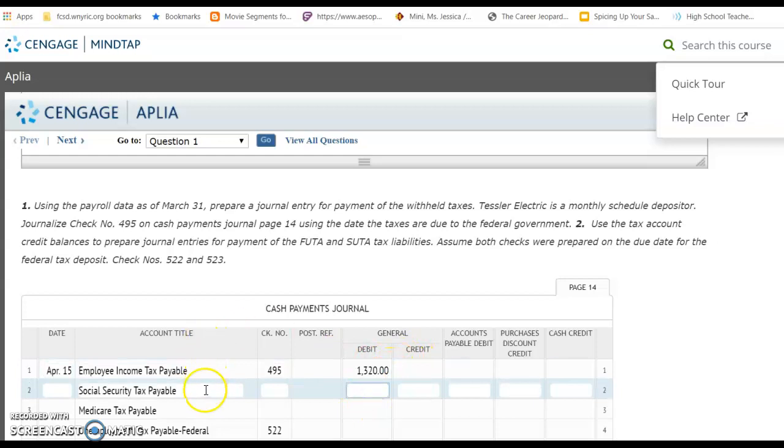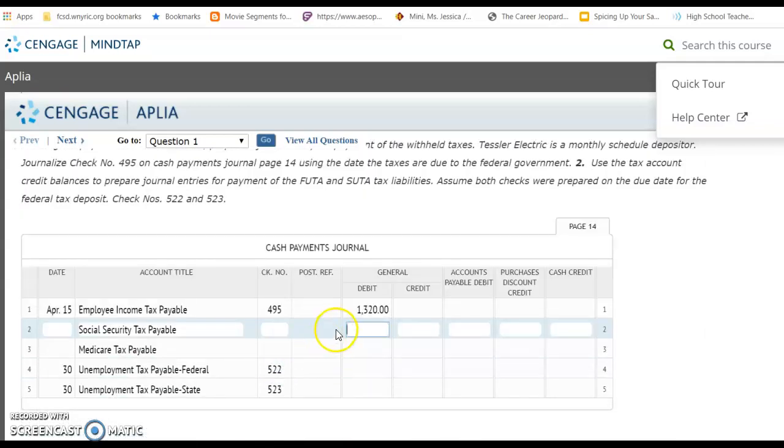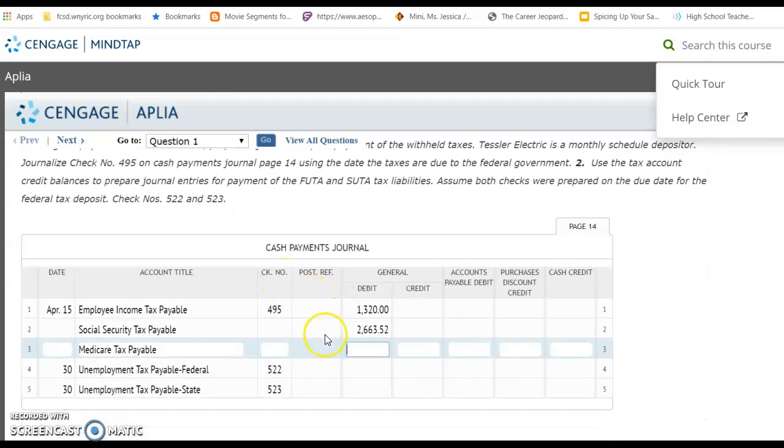The Social Security tax payable, remember we have to double. So we're going to take this $1331.76 and double that, and we're going to get 2663.52. And we're also going to double the Medicare tax withheld, which is the $311.46, and that would then equal $622.92.